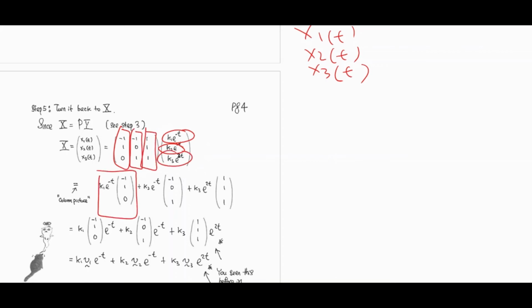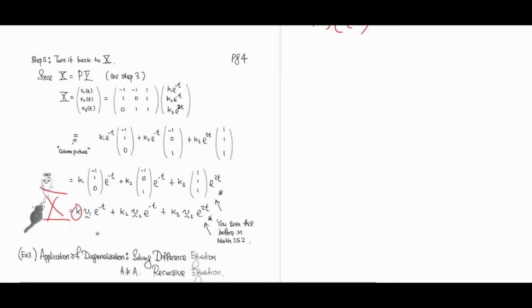We wanted to write it like that because now, as you can see, our solution x is nothing but a constant multiplied by the eigenvector v1, and then multiplied by the number e to the negative t. This is a scalar, a real-valued function. So you have a scalar and a vector.